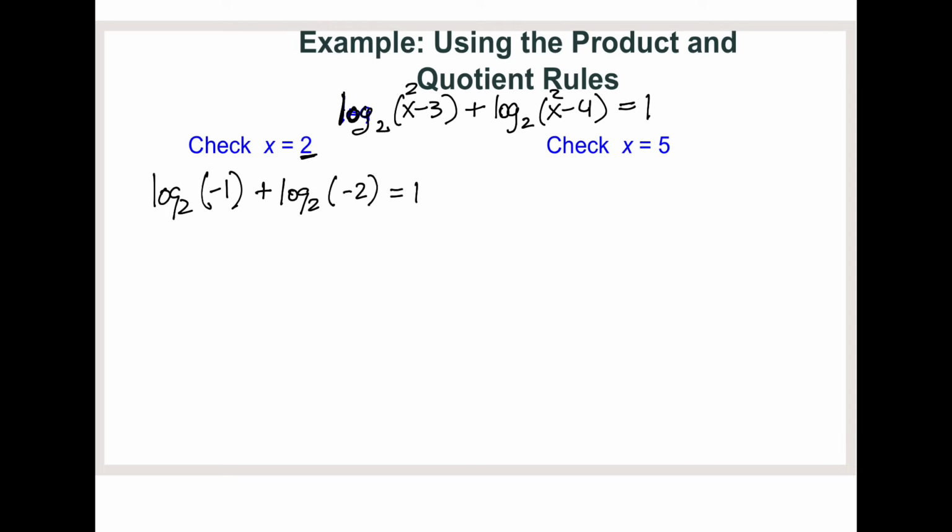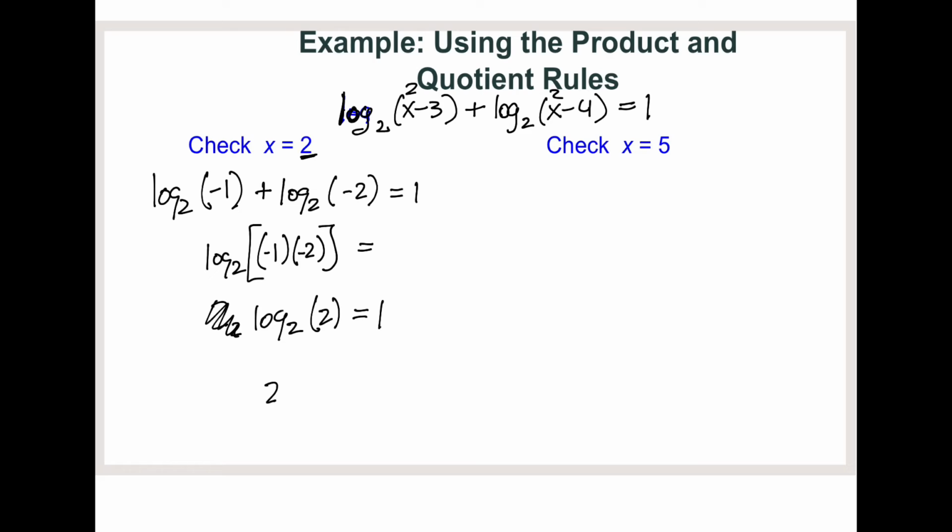If we wrote this as a product, this would be log base 2 of negative 1 times negative 2, which is positive 2, equal to 1. So we can see how we got 2 as a solution, because once we've done that multiplication, the two negatives become positive. We have 2 to the 1 power equals 2.